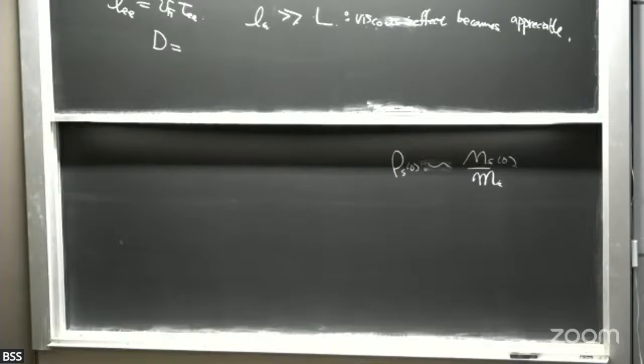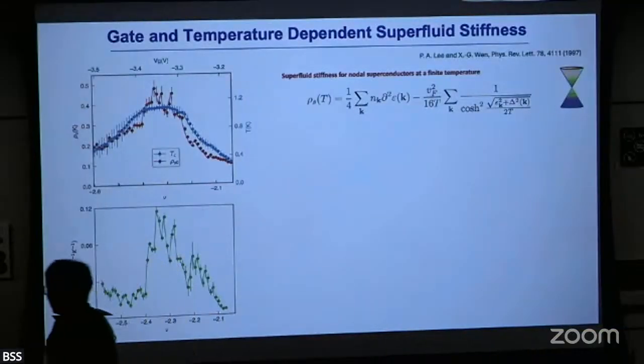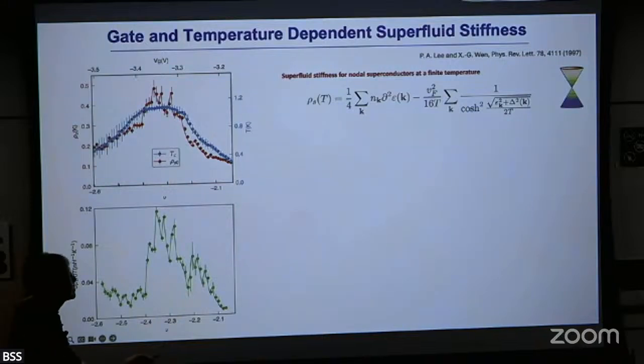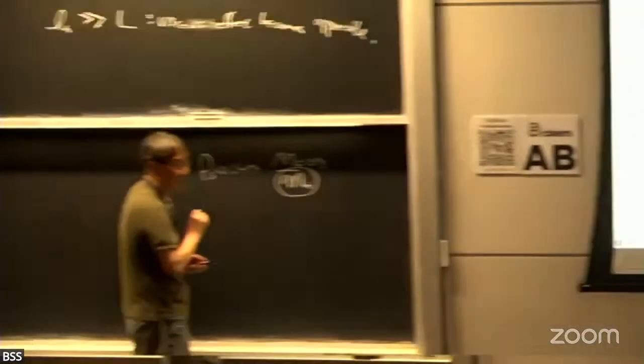I can think about filling up this quasi-particle dispersion. As I fill it up, at some point you can see that the electron-like quasi-particle turns into a hole-like quasi-particle, and that means your mass changes sign there.